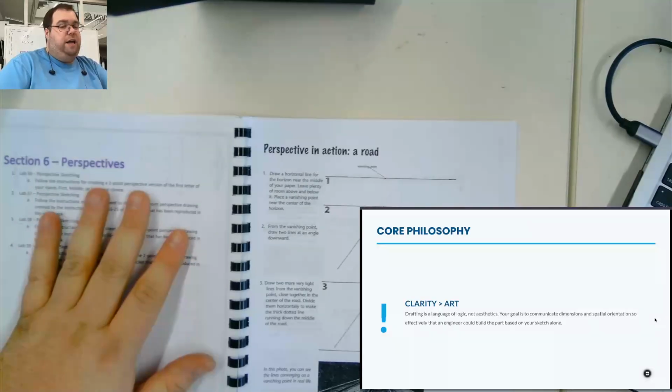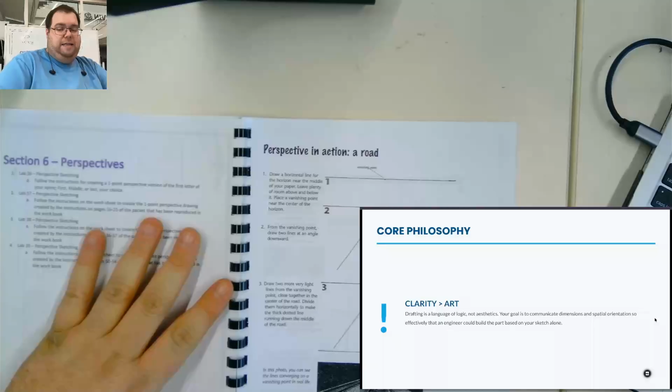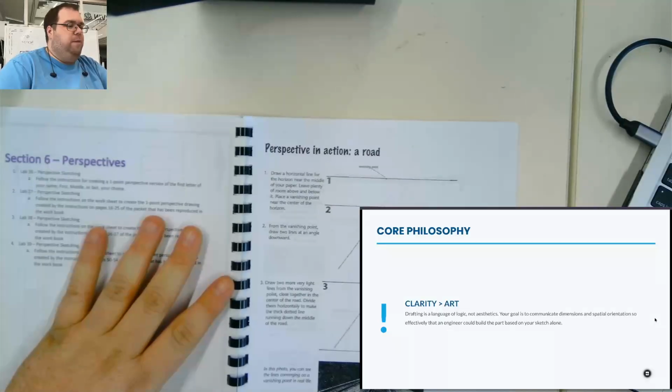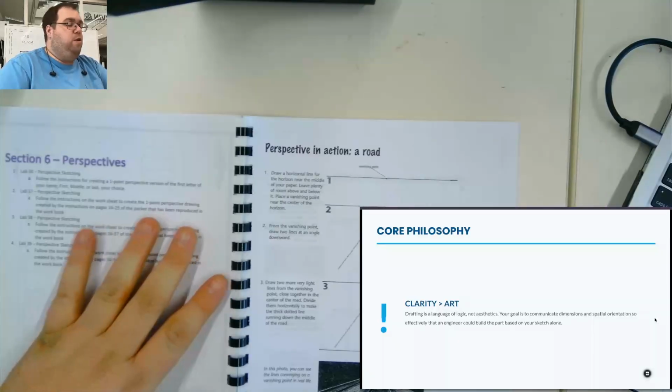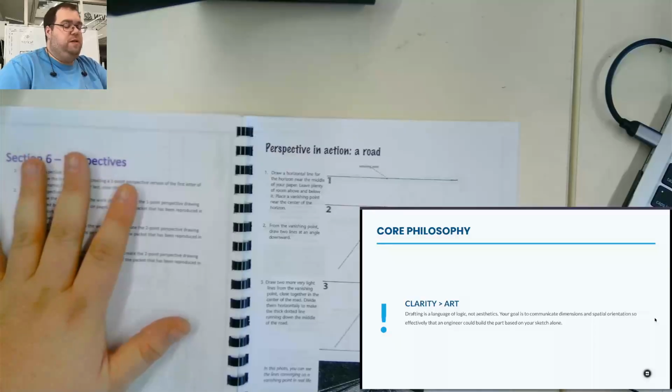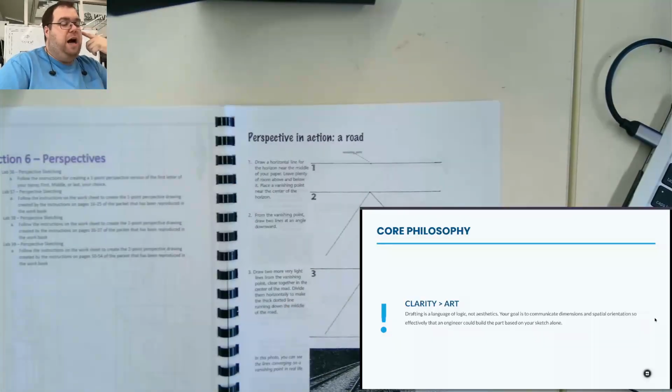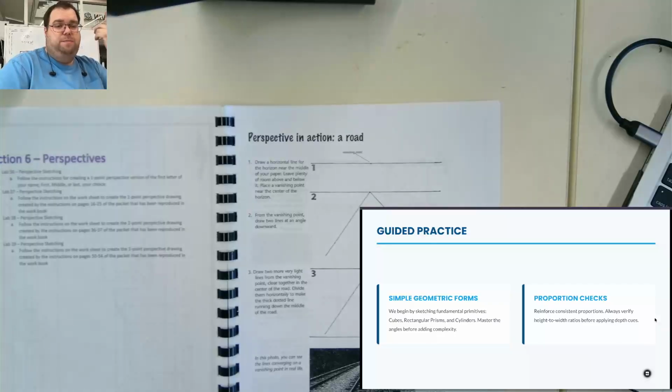You're going for clarity over artistic license. You want it to be accurate, not necessarily pretty. What we're flipping to with perspectives today is we still want that same engineering precision, but we don't want it to look wrong. We want it to look right to your eye, which is perspective.